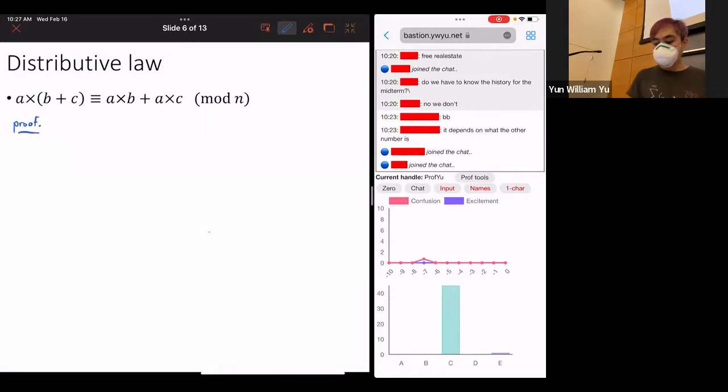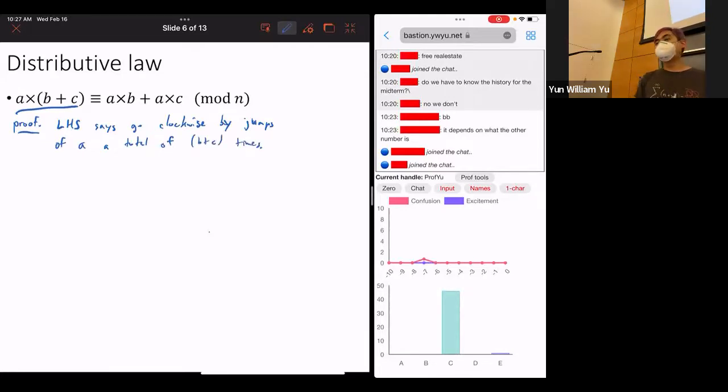And so, well, left-hand side, listing here, says go clockwise by jumps of a total of b plus c times, right? So that's what the left-hand side is saying.